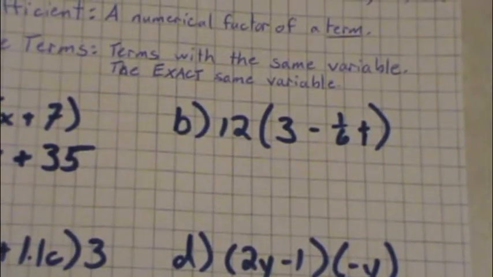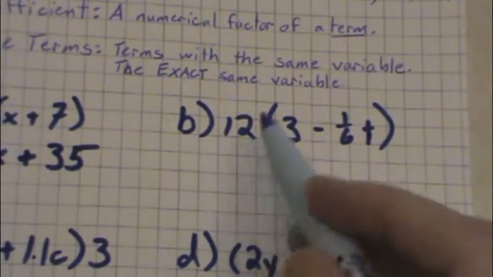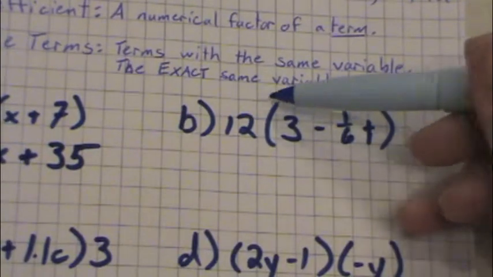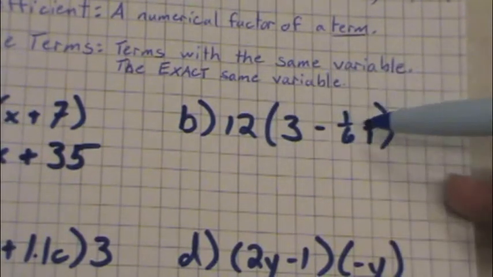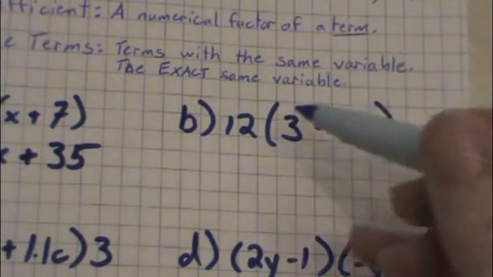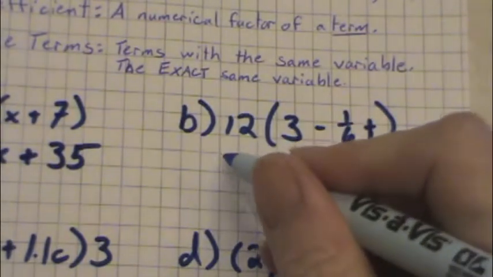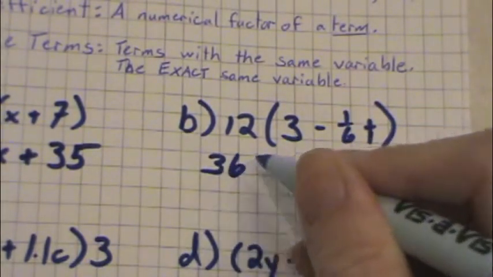Come on to letter B. Letter B, we're going to distribute the 12 over the 3 and over the negative 1/6t. So 12 times 3, that one's not so bad, 36.